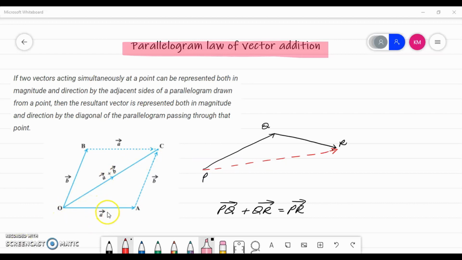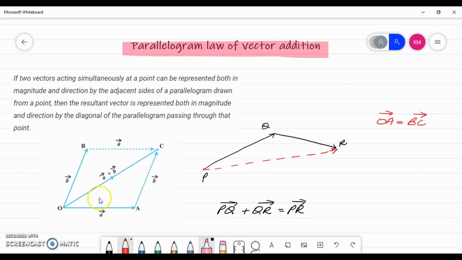Now, if we look at our vector A, based on our definition of equal vectors, we can draw a vector BC such that it is equal to the vector OA. And I'm going to write that here. OA is equal to the vector BC.